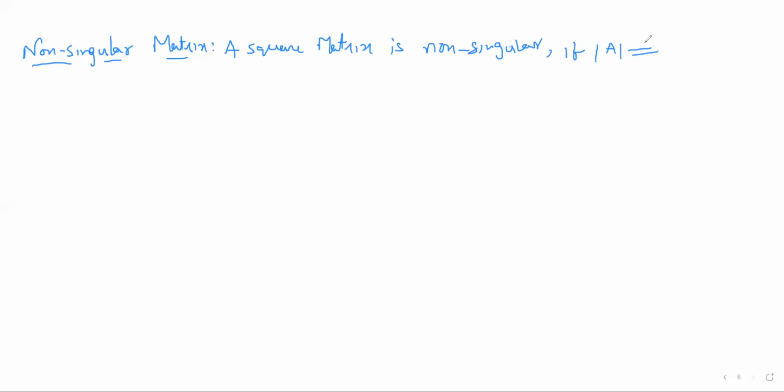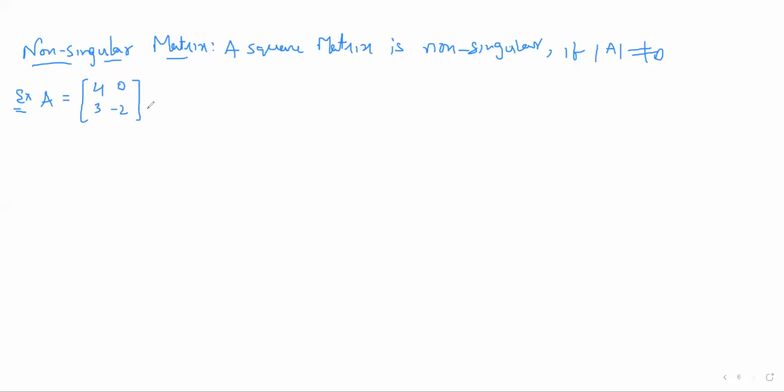Non-singular matrix. A square matrix is non-singular if the determinant of A is not equal to 0. For example, consider A equal to the matrix with rows 4, 0 and 3, minus 2.